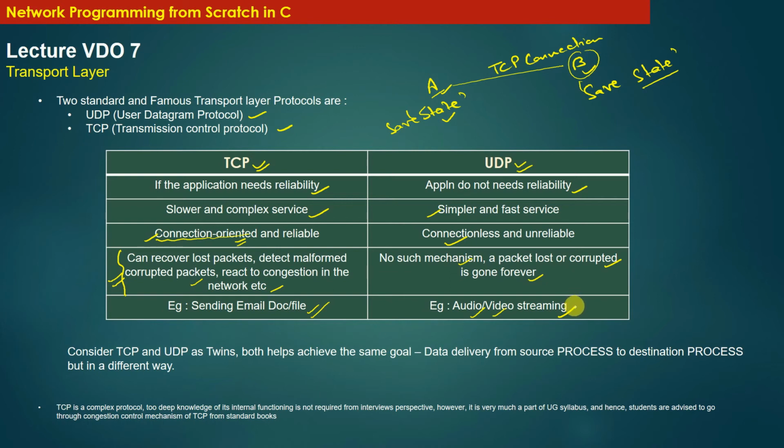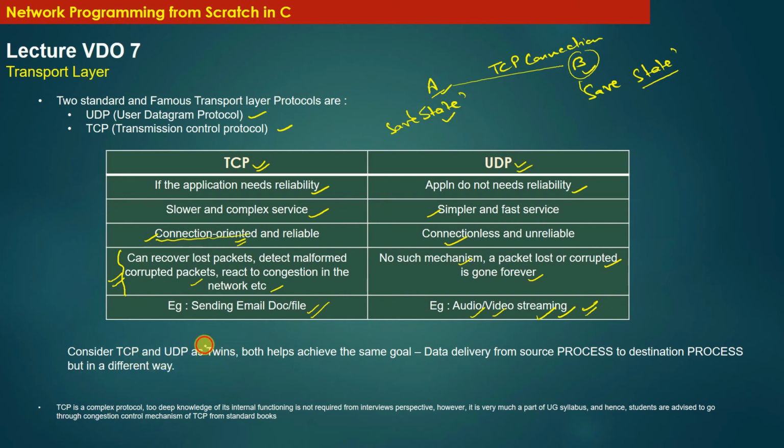In such scenarios, where the applications can tolerate some loss of data or packets, they preferably use UDP protocol. Examples of such applications are audio or video streaming applications.